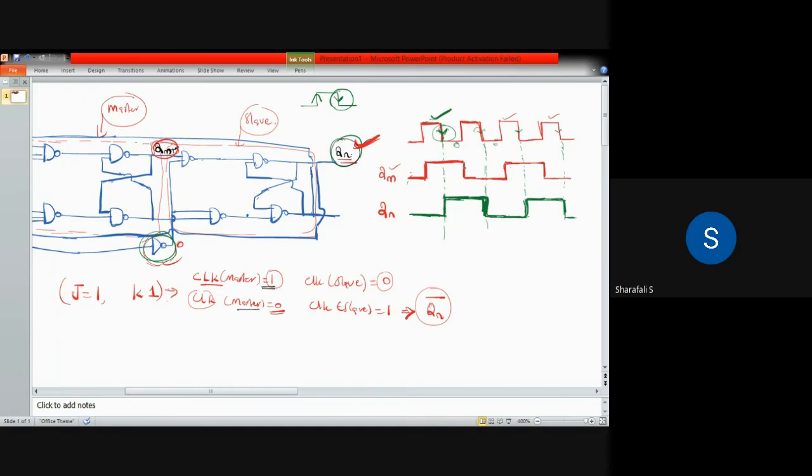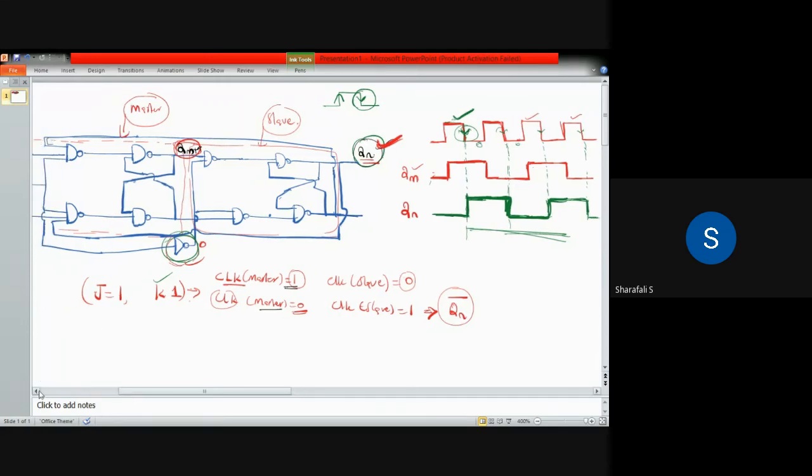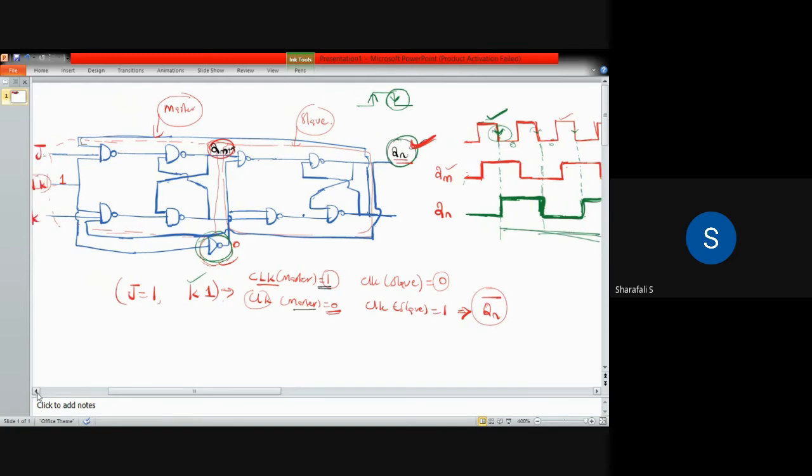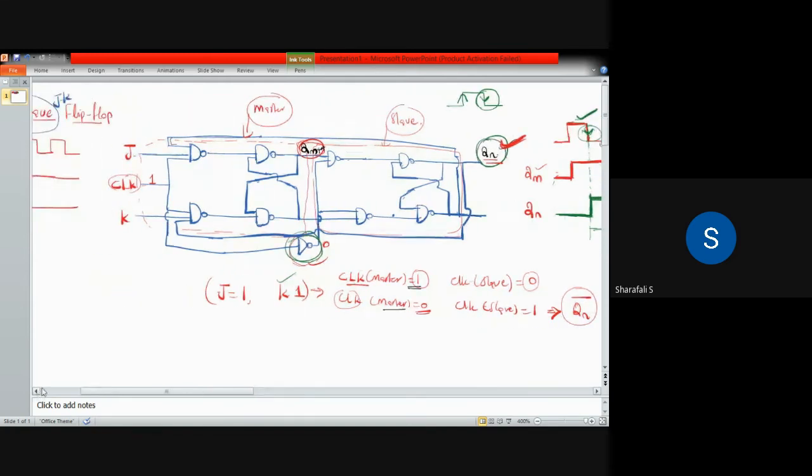So by using this master slave JK flip flop, we can avoid the race around condition, and we will get only this kind of toggling as your output. When you are having J equal to 1 and K equal to 1, we will be having this kind of output, which is just toggling the state from 0 to 1 or 1 to 0 continuously. So that we require in case of counters as an application. So that is the basics of the master slave JK flip flop.